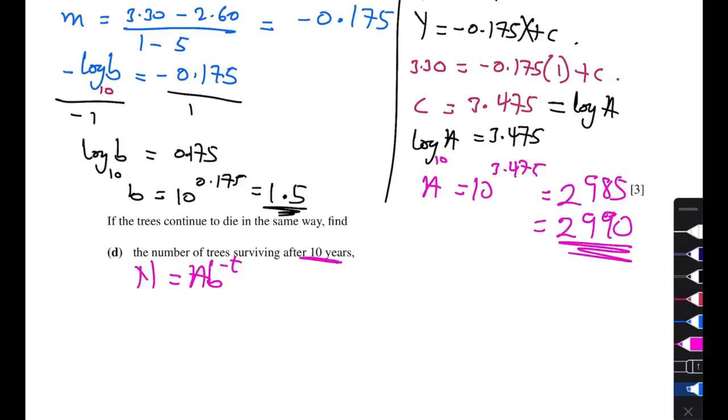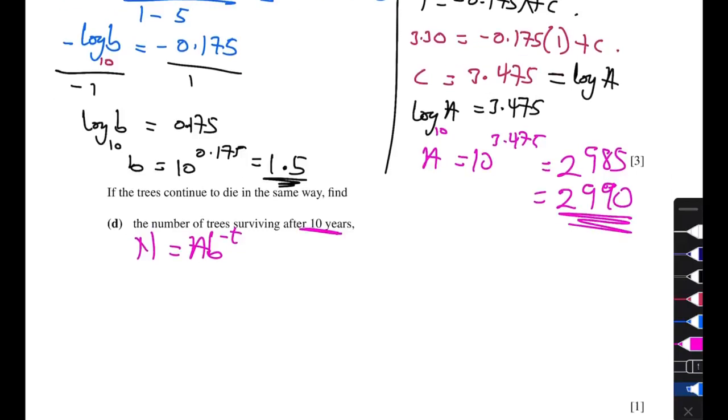Maybe we should use the unapproximated one for a, and for b we got 1.5, raised to the power negative t. After 10 years, t is 10.